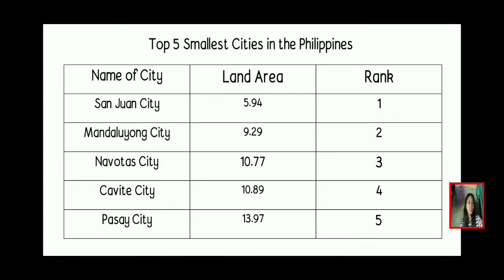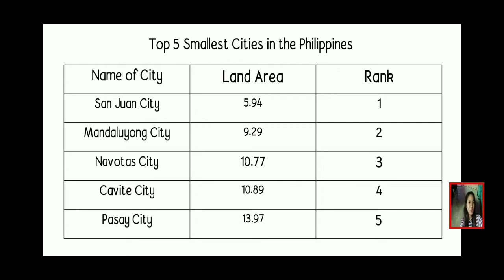So take a look at this one. This table shows the top 5 smallest cities in the Philippines. The title of the table is Top 5 Smallest Cities in the Philippines. On the other hand, name of city, land area, and rank are called column headers.